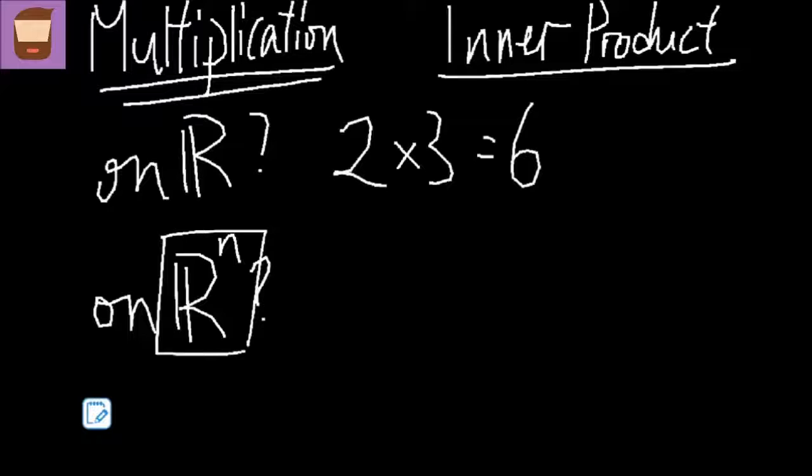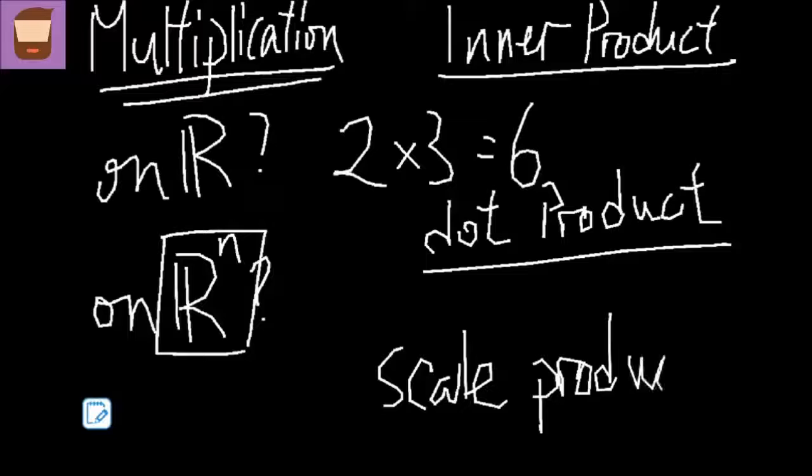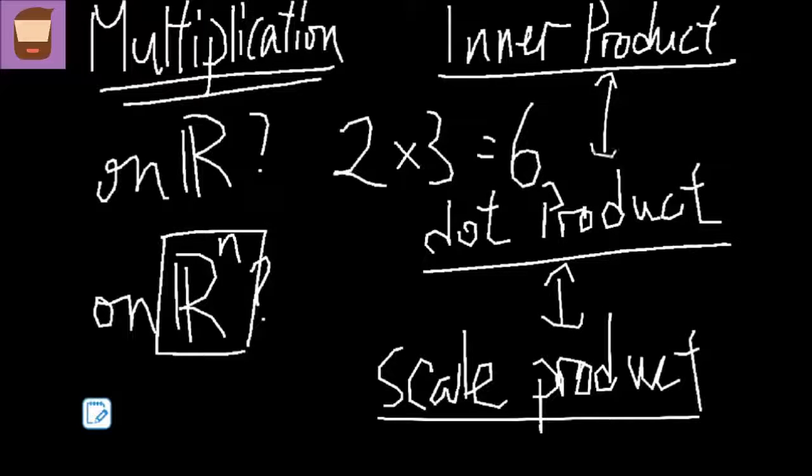The inner product is also known as the dot product and the scalar product. They are basically the same thing: inner product, dot product, and scalar product.